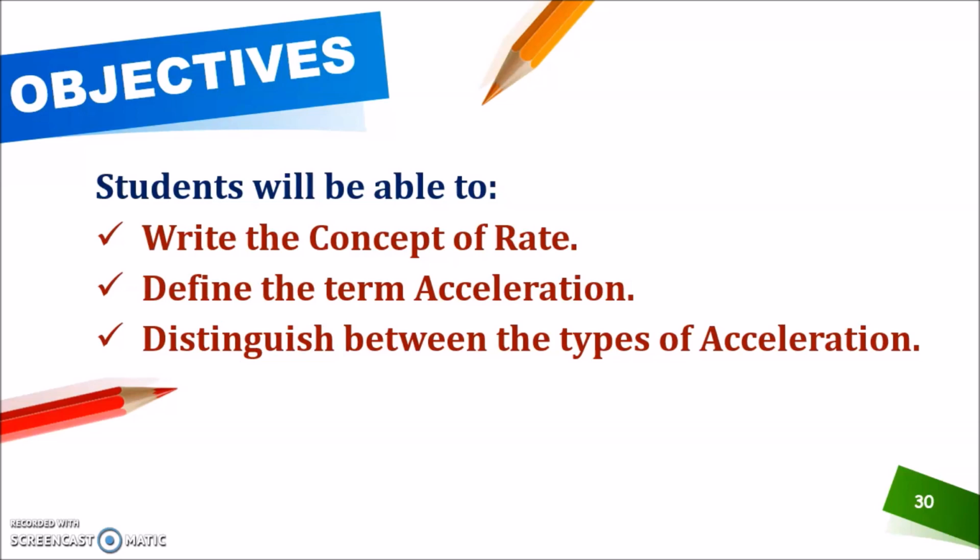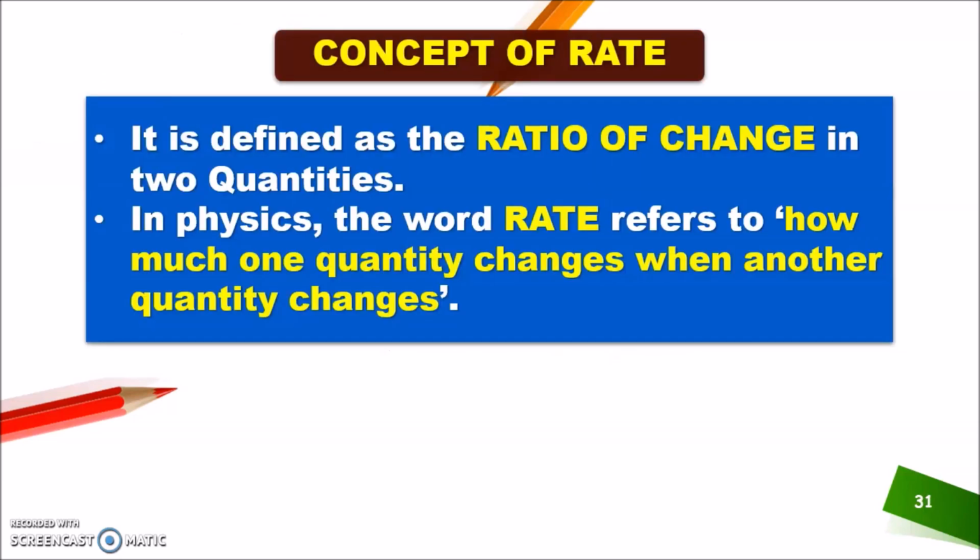Okay, so now what is rate? It is defined as the ratio of change in two quantities. If we take a statement, rate of change of velocity, it means velocity is changing with time.